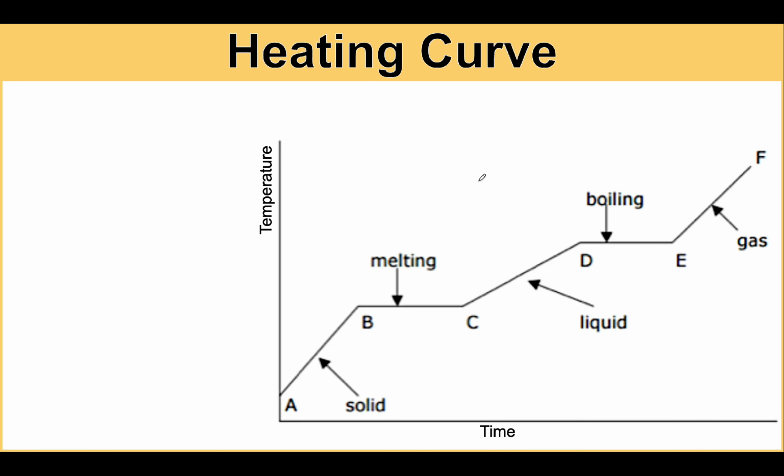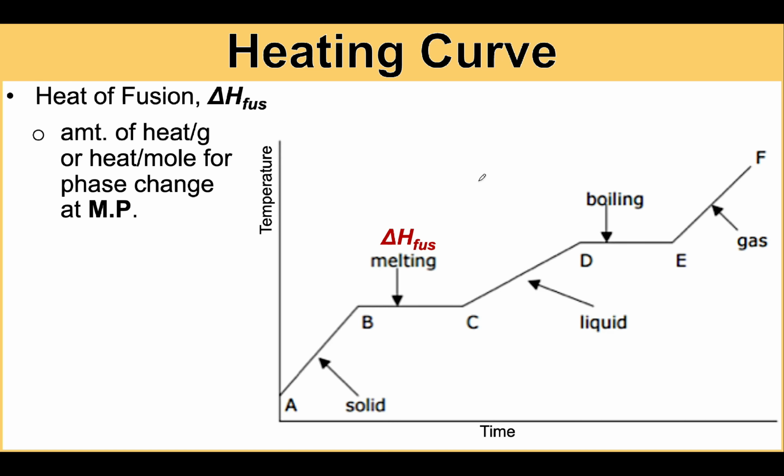Now for each phase change of a substance, there is a characteristic quantity of heat needed to perform the phase change per gram or per mole of material. The first one is the heat of fusion. It is the amount of heat per gram or per mole required for a phase change to occur at the melting point.